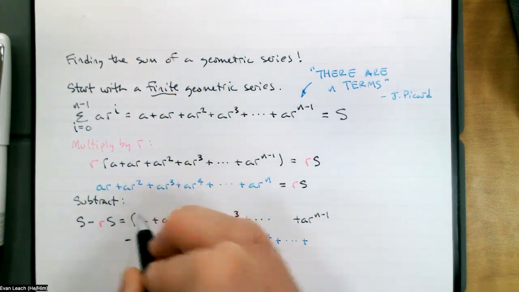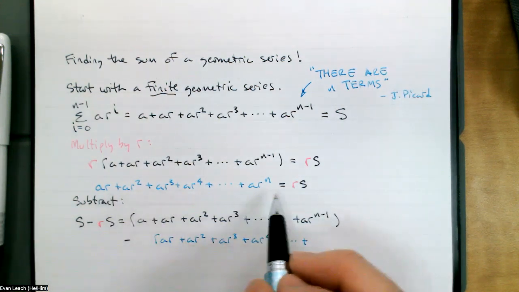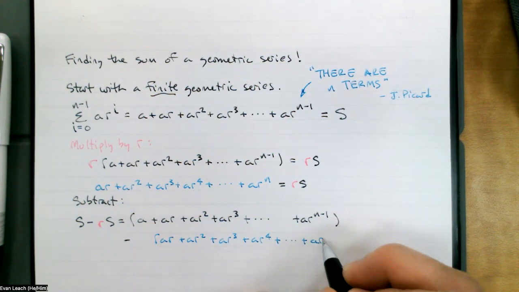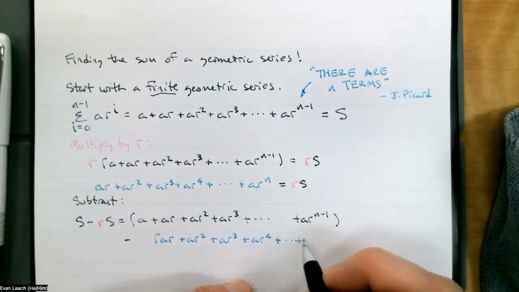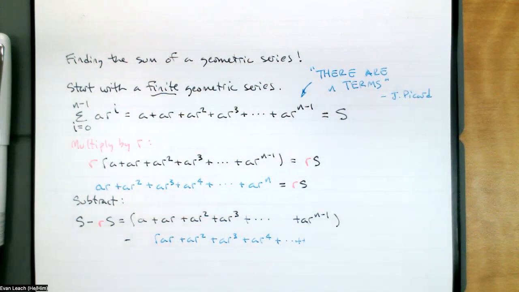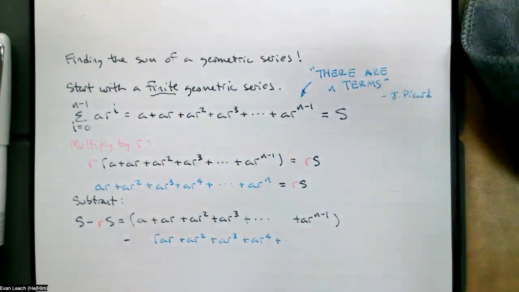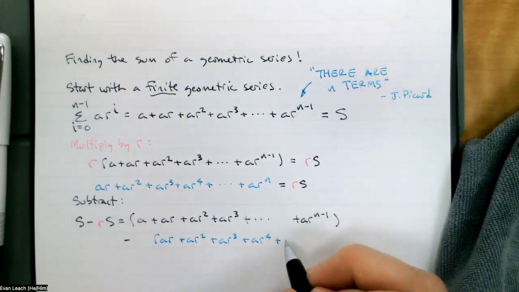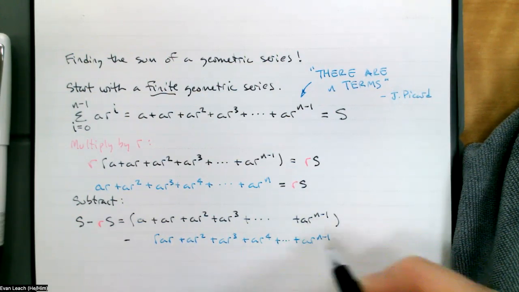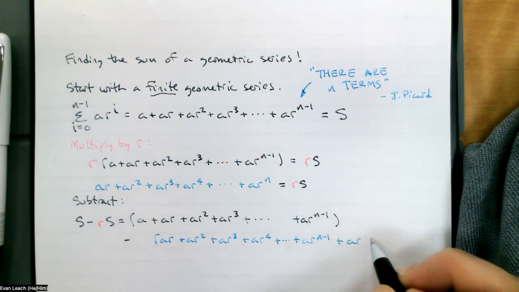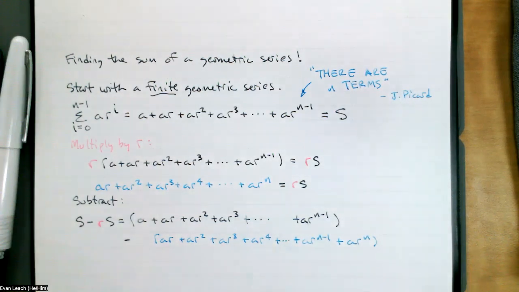The last term from S is ar to the n minus 1, but that's the second to last term in the rS sum, because the rS sum goes all the way up to ar to the n.